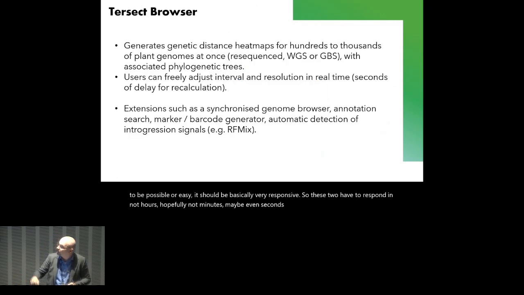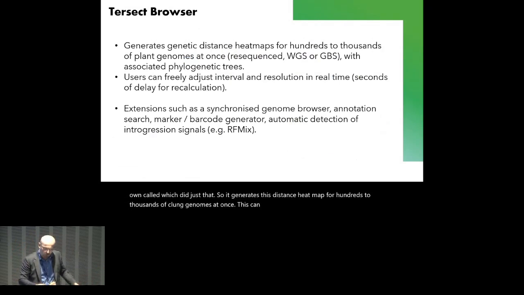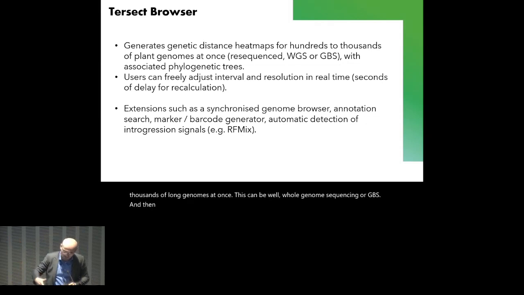So I developed a tool of my own called Tersect Browser, which did just that. It generates this distance heat map for hundreds to thousands of genomes at once. This can be whole genome sequencing or GBS, and it then generates associated phylogenetic trees for that. And the users can freely adjust zoom level, interval, resolution in real time. And it takes seconds to recalculate instead of hours.